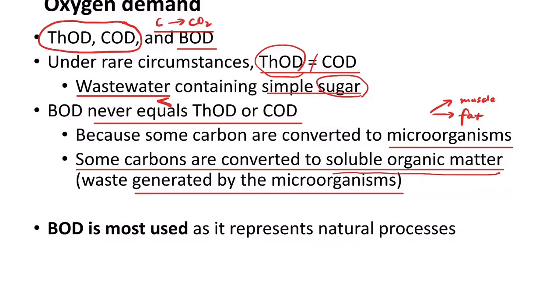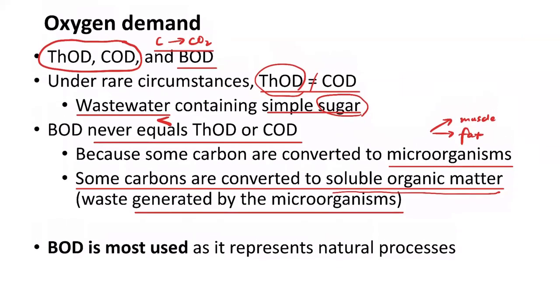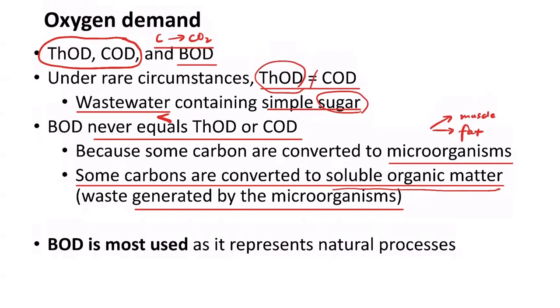So in this way, the BOD should be smaller than the theoretical oxygen demand or the COD. But because the BOD represents what's happening in nature, the BOD is still the most widely used parameter to describe how polluted the water is, right?